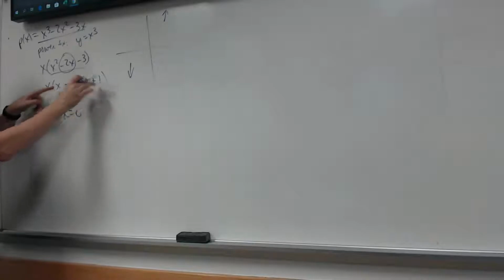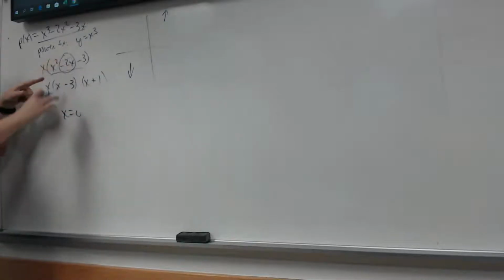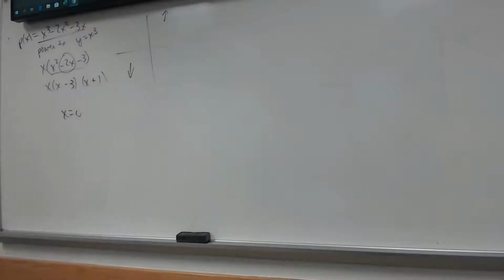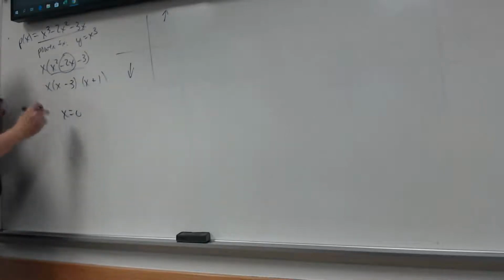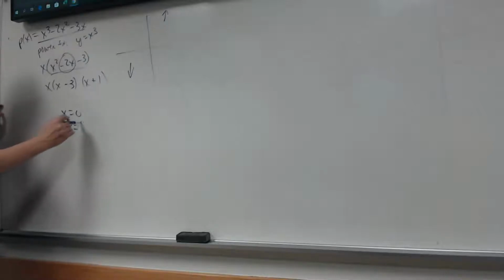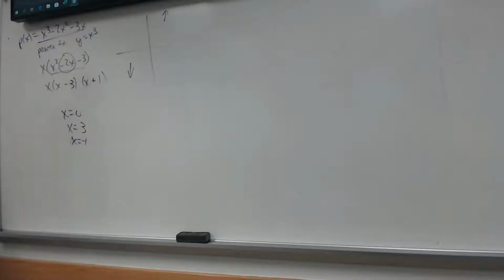Negative 3 plus 1 is negative 2. And a negative times a positive is a negative, so we're good, right? All right. So now I think you said there was a 2 in there. 2 is not an answer, okay? So x equals 0 or x equals 3 or x equals negative 1.